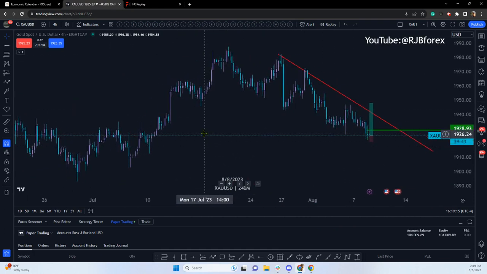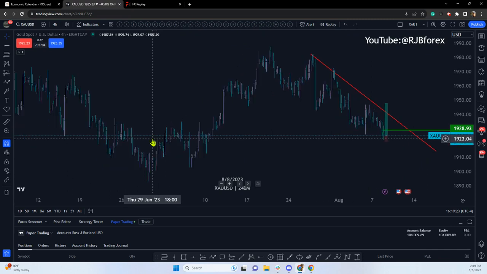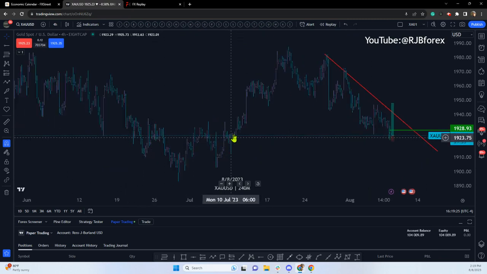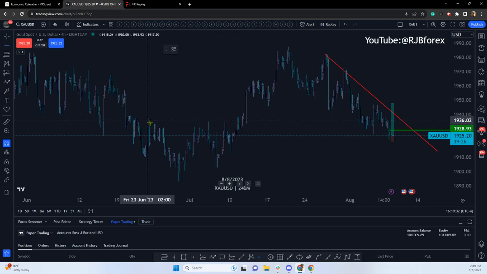We're going left. We're in this support structure. This support structure was the result of breaking all of this high over here.